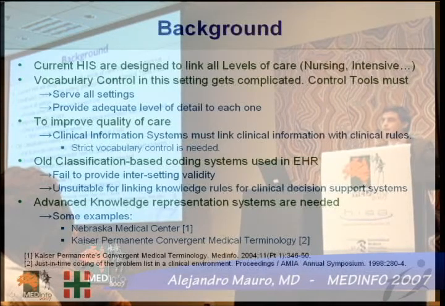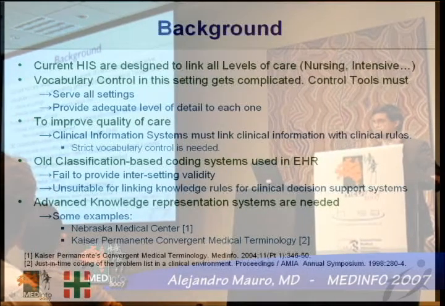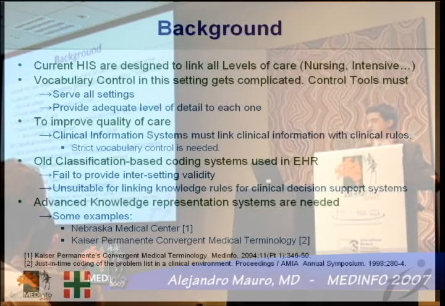They don't have the granularity needed for each level of care, and also are unsuitable for linking knowledge rules for clinical decision support systems. That's why advanced knowledge representation systems are needed. There are some examples like those used in the Nebraska Medical Center or Kaiser Permanente of these advanced knowledge representation systems.